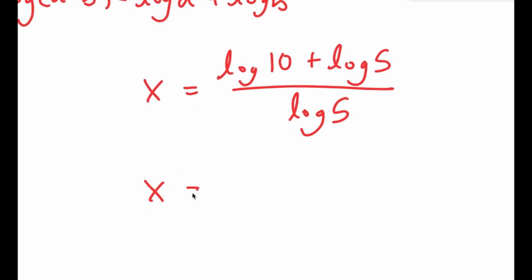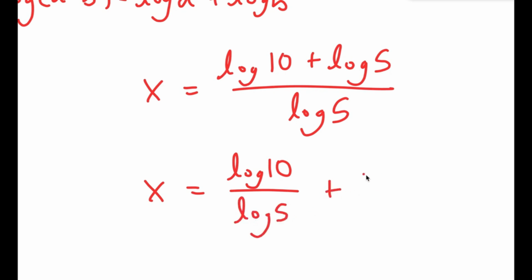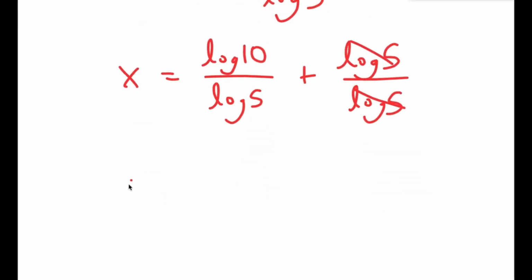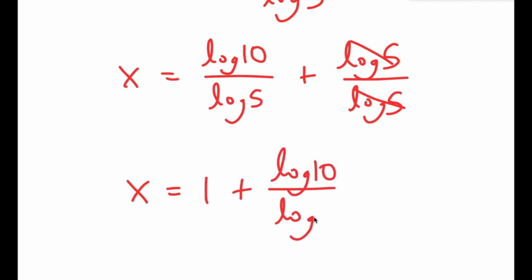So now this is equal to log 10 over log 5 plus log 5 over log 5. So then this turns into 1 plus log 10 over log 5.